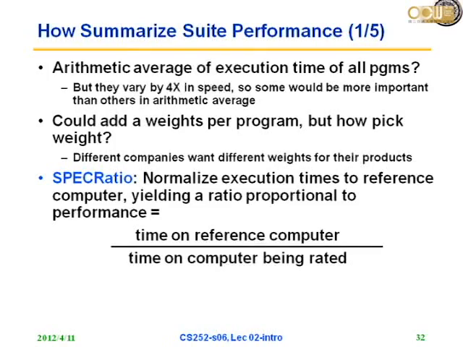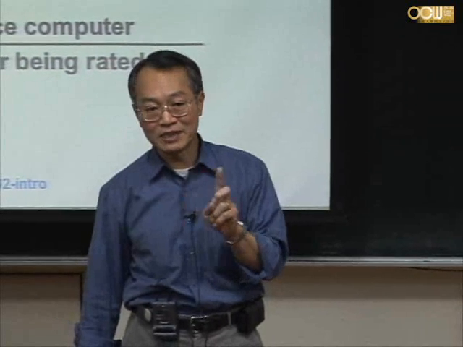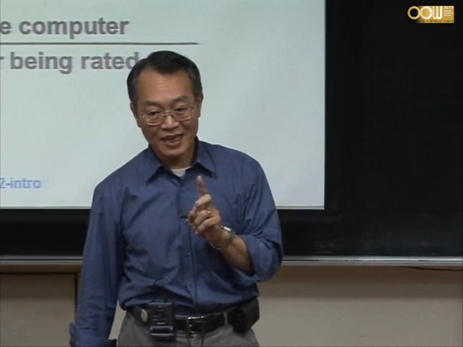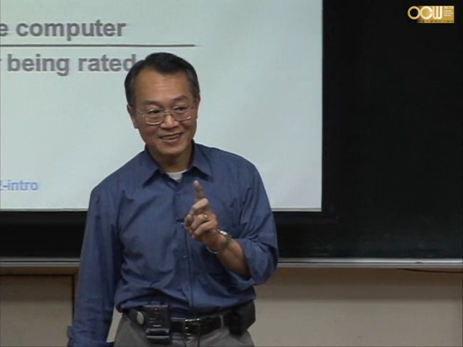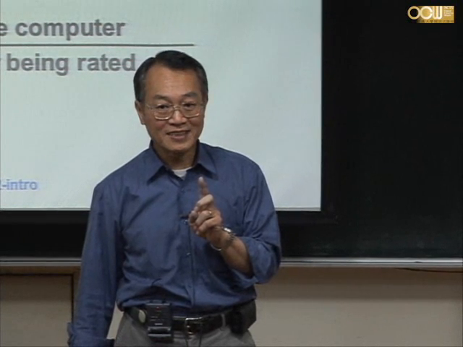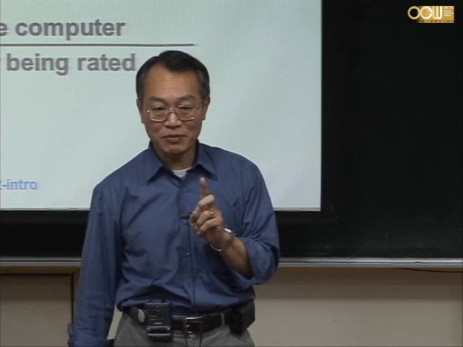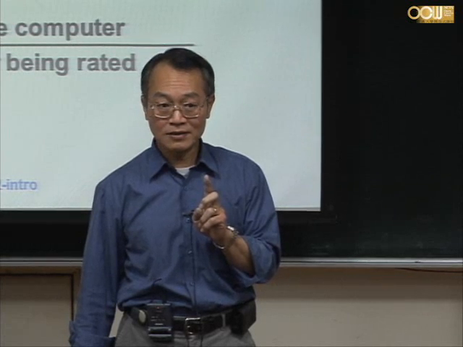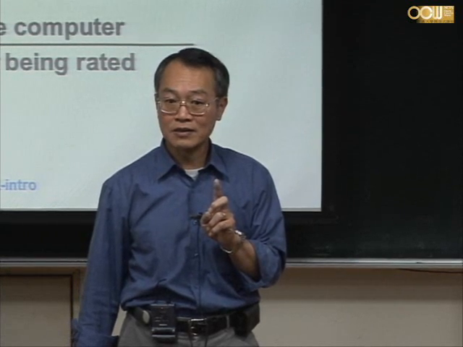How do we summarize these numbers and come out with only one single number representing the performance of Y? How should we do that? Add them up, divided by the number of benchmarks? Why not? Why do you say no?